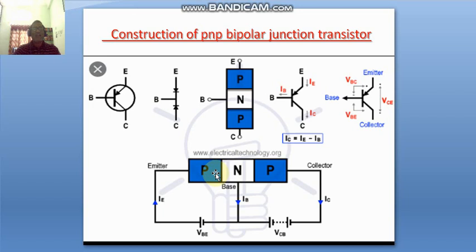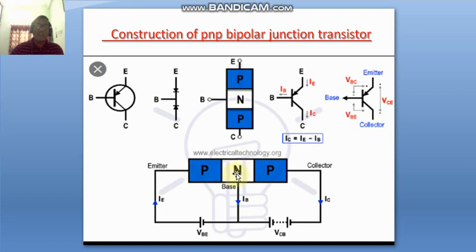The hole acts as a positive charge, therefore the positive charge of the hole is repelled by the positive terminal of the battery and enters the N region. The N region is lightly doped, therefore N consists of more electrons compared to the number of holes.